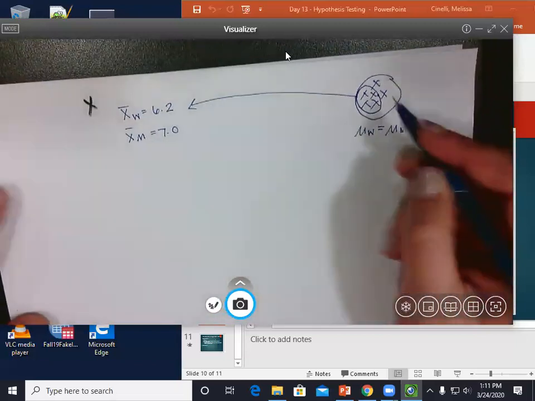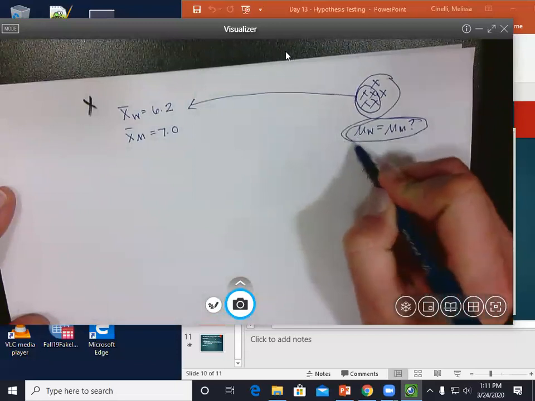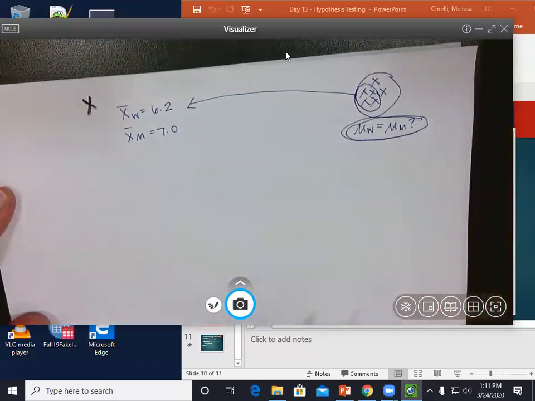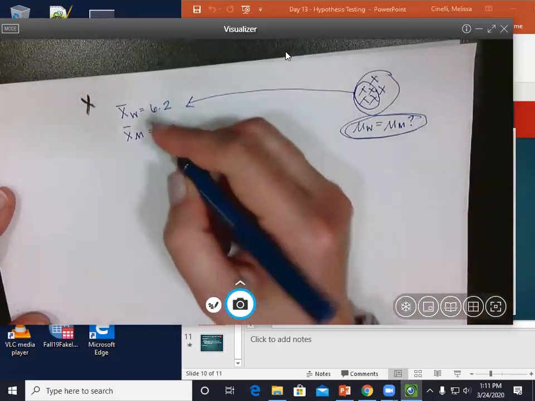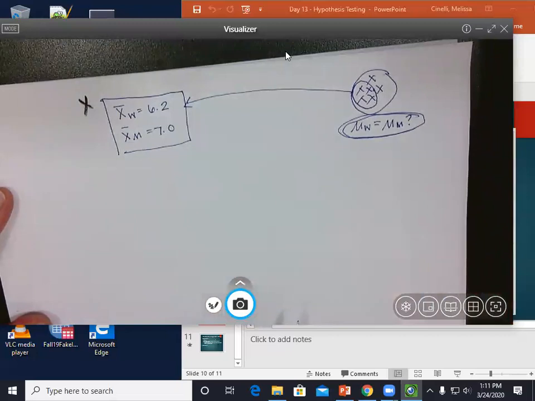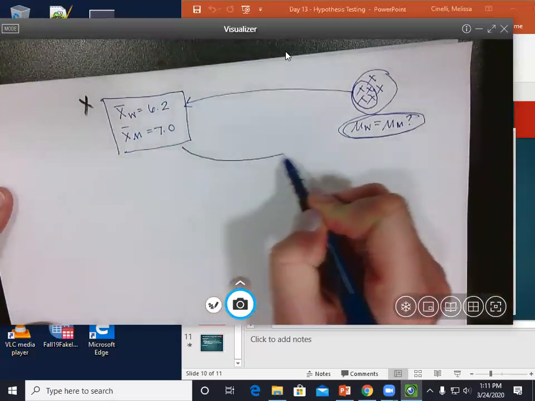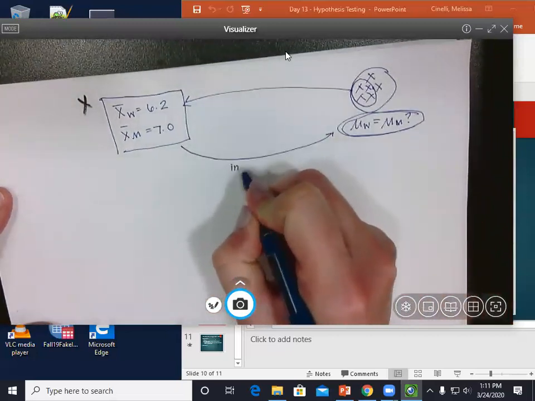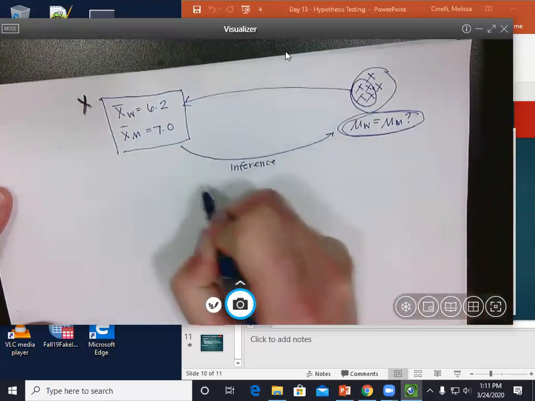But remember, our goal is still to know what's true at the population level, right? And because we couldn't conduct that census, our next best option was to calculate some findings from the sample. And then we're going to use this information from the sample to draw an inference about the population, all right?